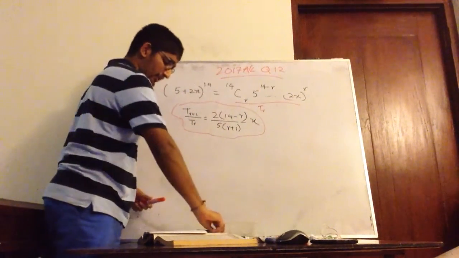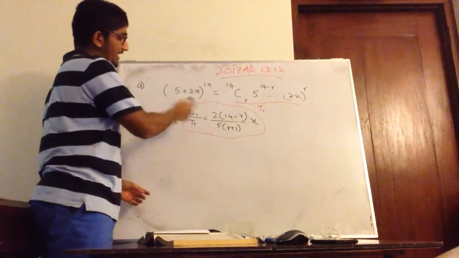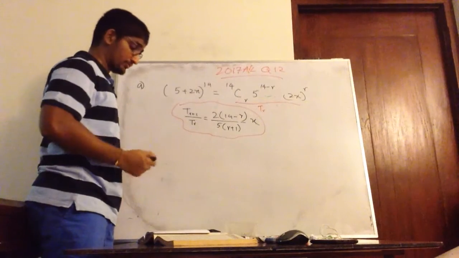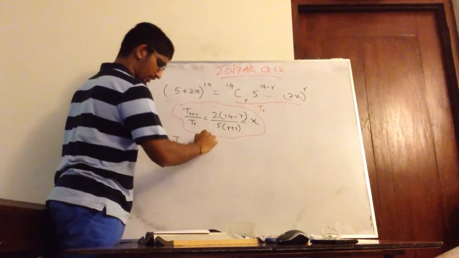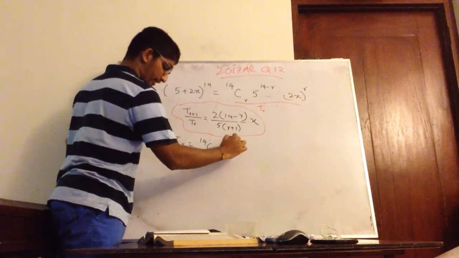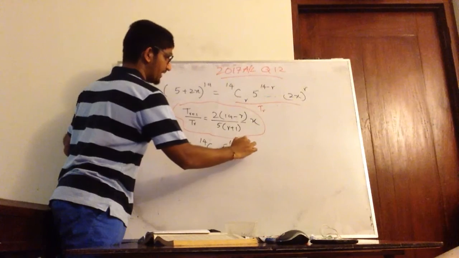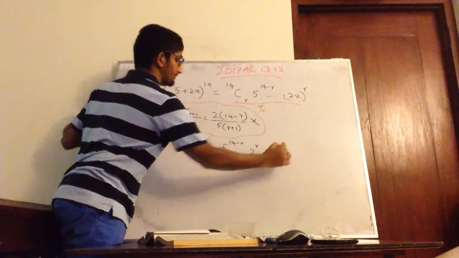So let's see what we can do. I'm going to write down T_(r+1) and T_r first of all. T_r is the same thing: 14 C r, 5^(14 minus r), 2^r x^r.